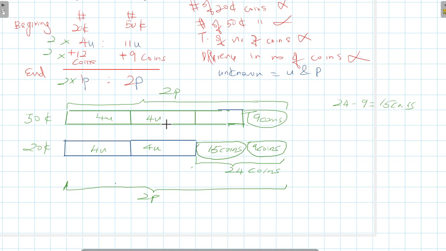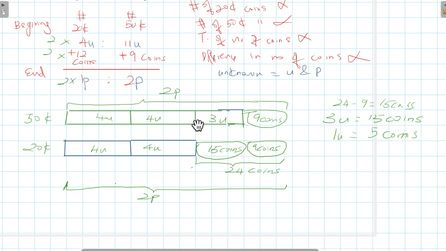So here is 4 units and here is 3 units. You can clearly see that 3 units is actually equals to 15 coins. Correct or not? So 3 units is equals to 15 coins. And then it's asking you, 1 unit equals to 5 coins, right? You know that.